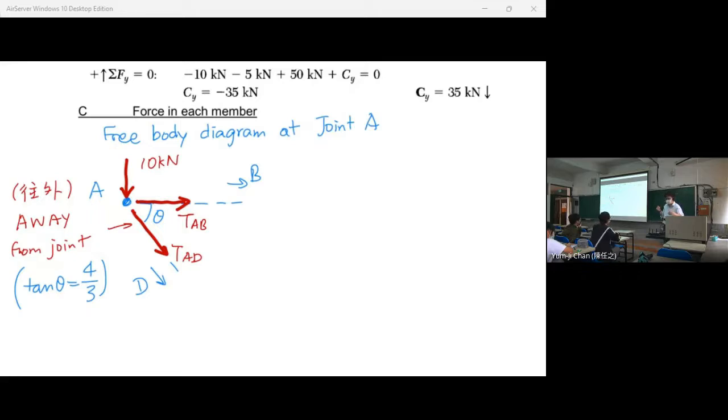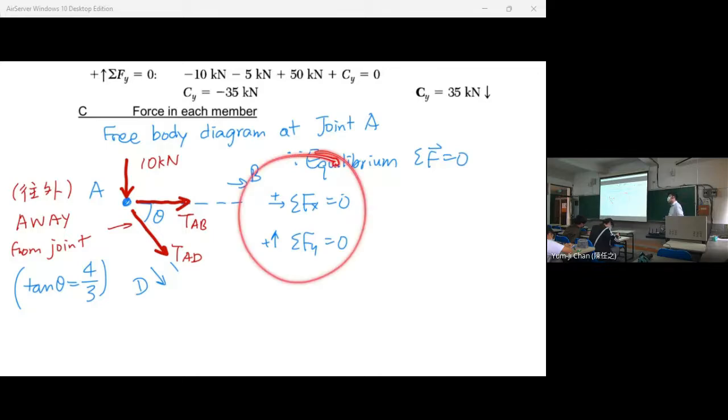Because we have equilibrium, summation Fx equal to 0 and summation Fy equal to 0. Remember to write these two.